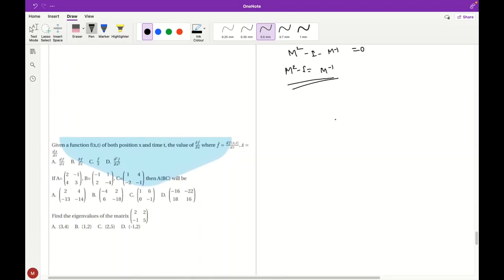It is given that we have to find del f dash over del x dash, where f dash is del f(x, t) upon dt, and x dash is dx over dt.